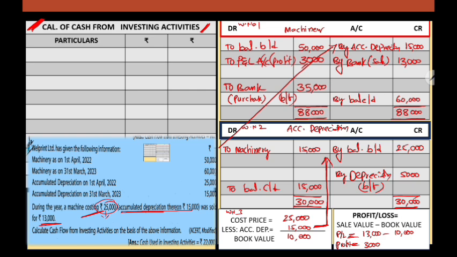From this information, we are going to show the items. P&L account profit will come in operating activities as minus, which means a few items will go to operating also. By bank, investing plus. This circled box is not the answer, it's a hint.